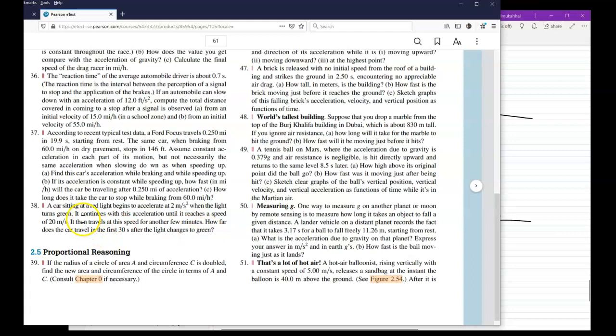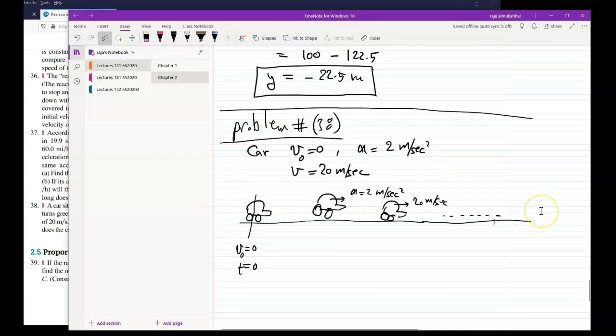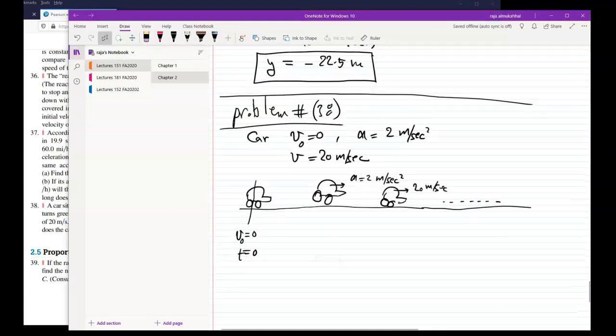He says it continues at this acceleration until it reaches a speed of 20. I'm asking the question here, really, how long does it take the car to reach that speed? That will be one legitimate question. And then it travels for another few minutes. How far does the car travel in the first 30 seconds after the light changes to green? So let me ask the question first.